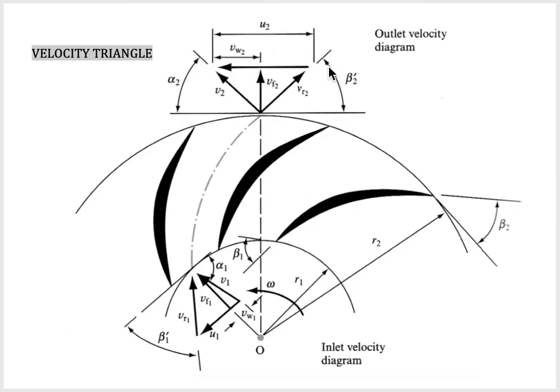And then these are the angles. We have two angles, mentioned as alpha and beta. Beta 1 is the blade angle at inlet, and beta 2 is the blade angle at outlet. And alpha 1 is the flow angle at the inlet, and alpha 2 is the flow angle at the outlet.